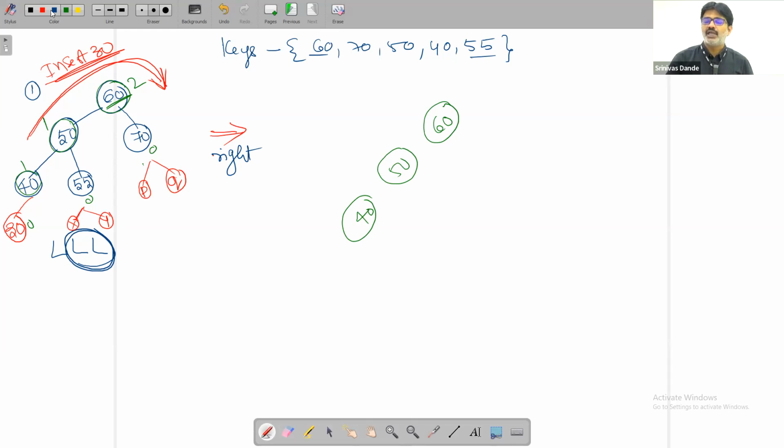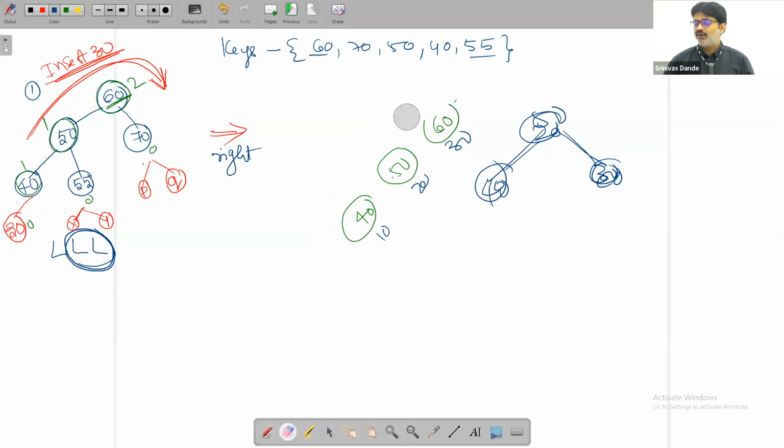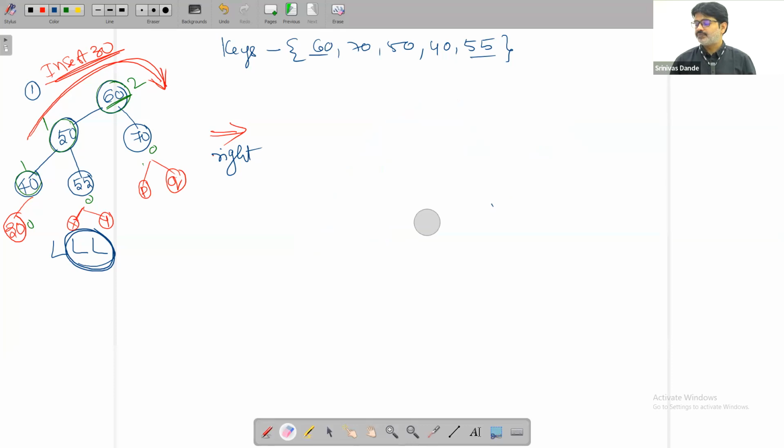In our previous case we had 10, 20, 30, and we did this rotation to the right. What became the root? In our case, we made 20 the root, with 30 on this side and 10 on this side. Similarly, here 50 becomes the root, 60 on this side, 40 on this side. Clear? So always keep the previous rotations in mind.